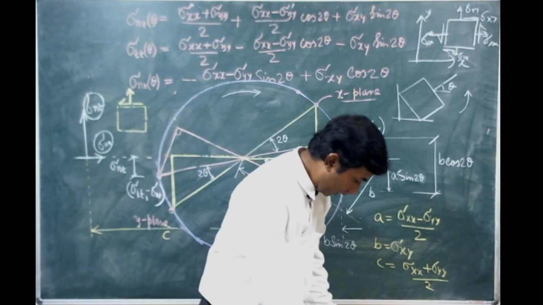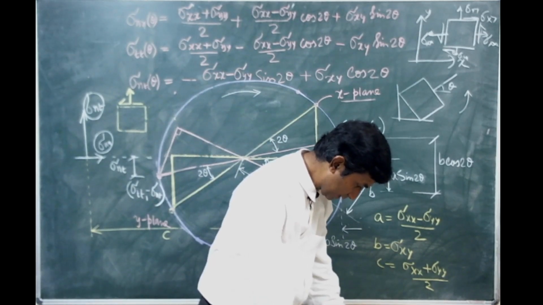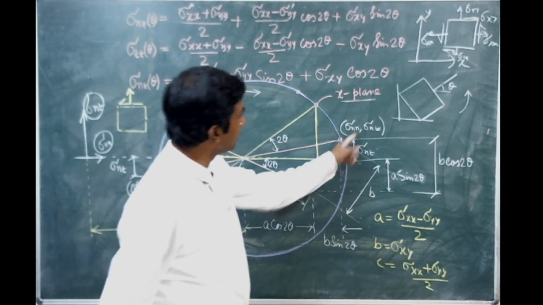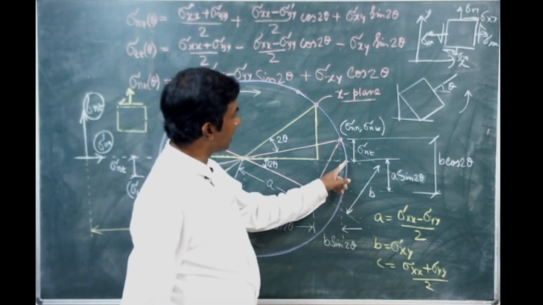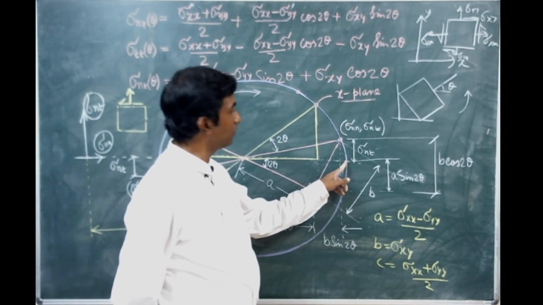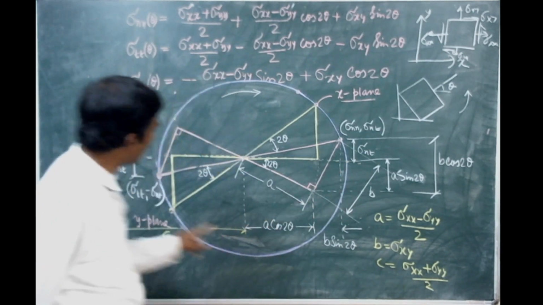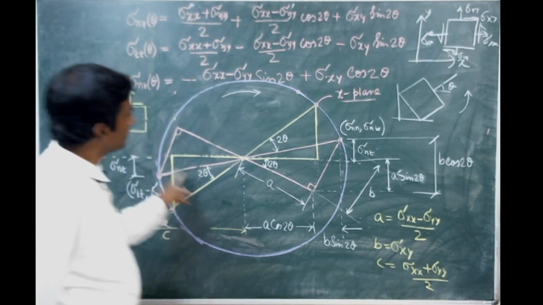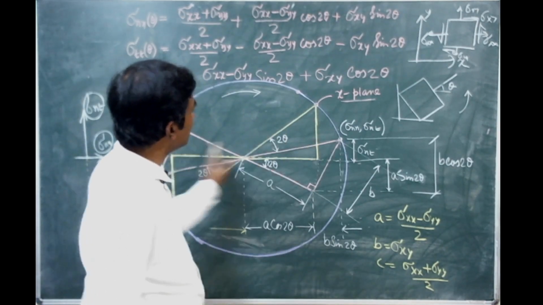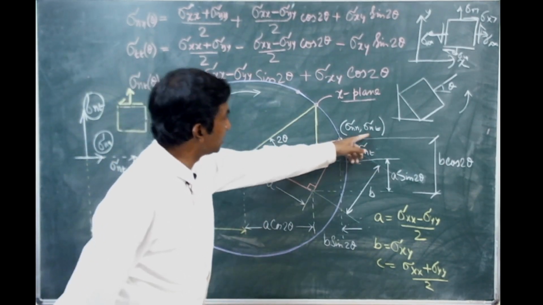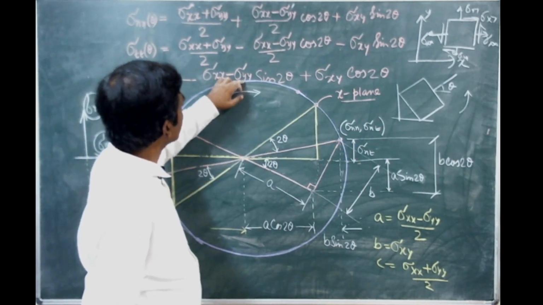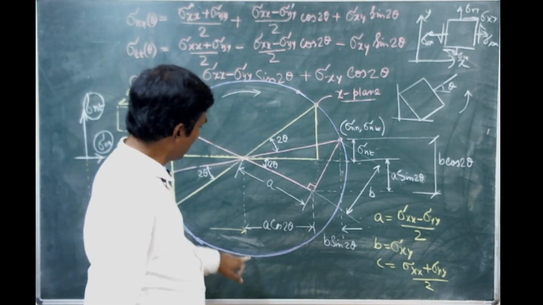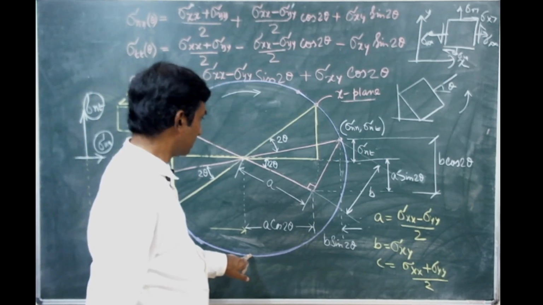But one thing is clear to us: if we keep increasing theta, we see that sigma nn attains a maximum value at some orientation. Also, it attains a minimum value at some orientation. And you see these changes, no? Whereas the shear stress attains its maximum value at some other rotation, with a plus or negative sign, it doesn't matter.